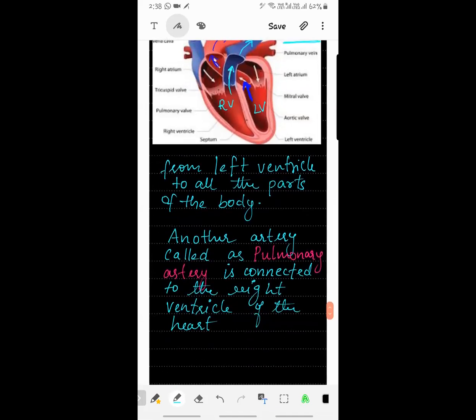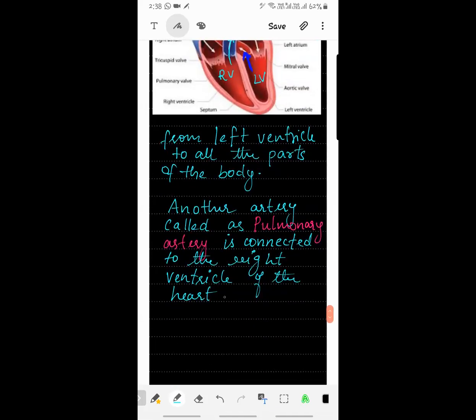The pulmonary artery takes blood from the heart and carries deoxygenated blood to the lungs.